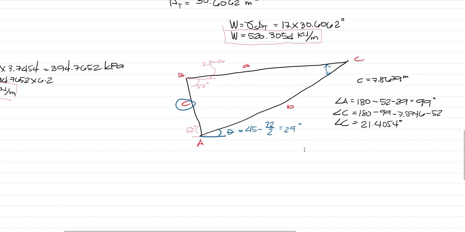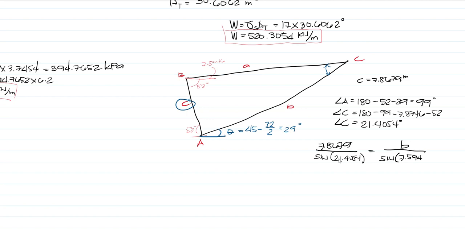So getting the value of side B, we have 7.8679 divided by sine of the angle C, which is 21.4054, is equal to B divided by the sine of 7.5946 plus 52 degrees.